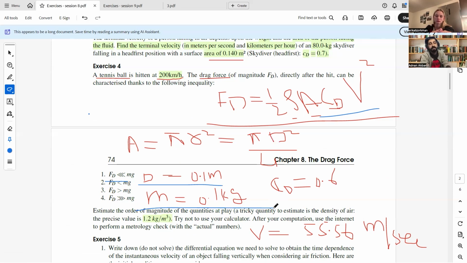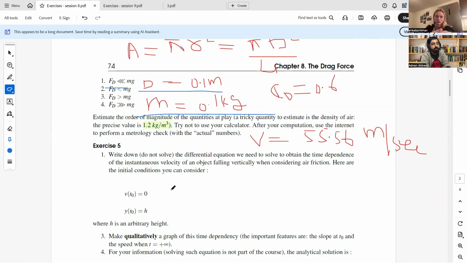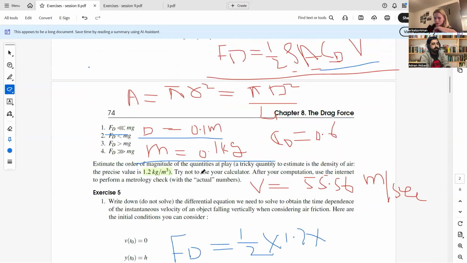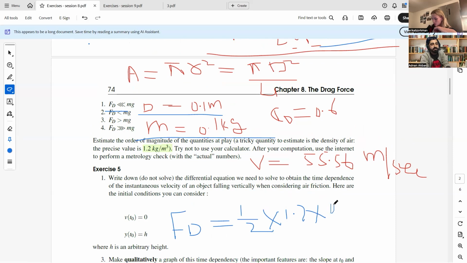First of all, we are calculating the drag force by putting the values in the above formula. Our drag force will become F_D is equal to 1/2 multiplied by 1.2, which is air density, multiplied by C_D, 0.6, multiplied by area.